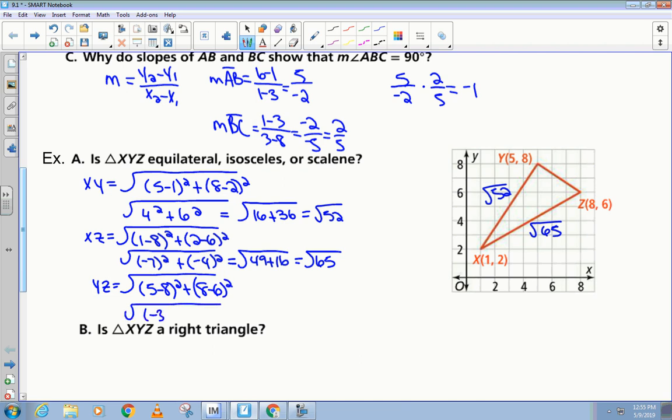So that would be negative 3 squared plus 2 squared, which is 9 plus 4, which is radical 13. So what does that tell me about the triangle? Okay, it tells me that it's scalene. All three sides have a different length.